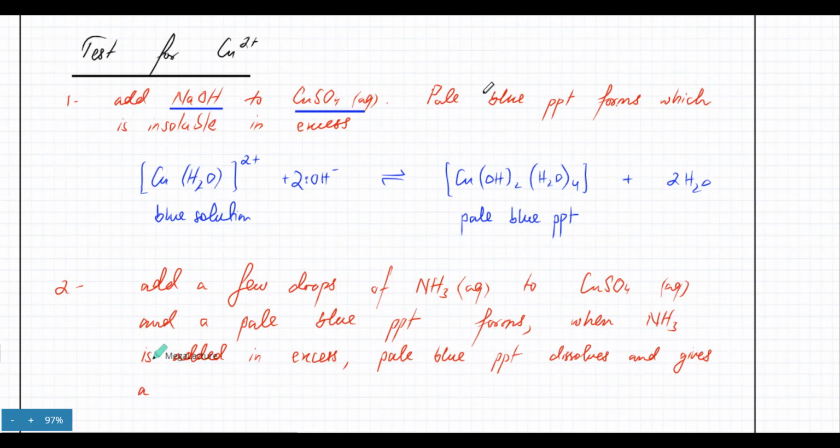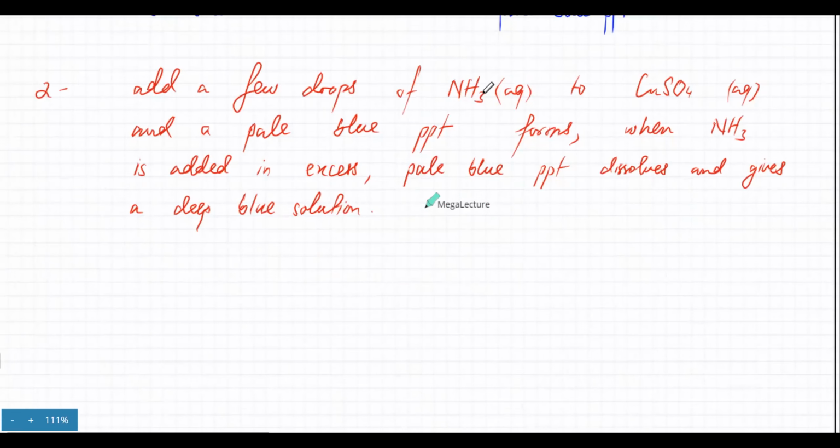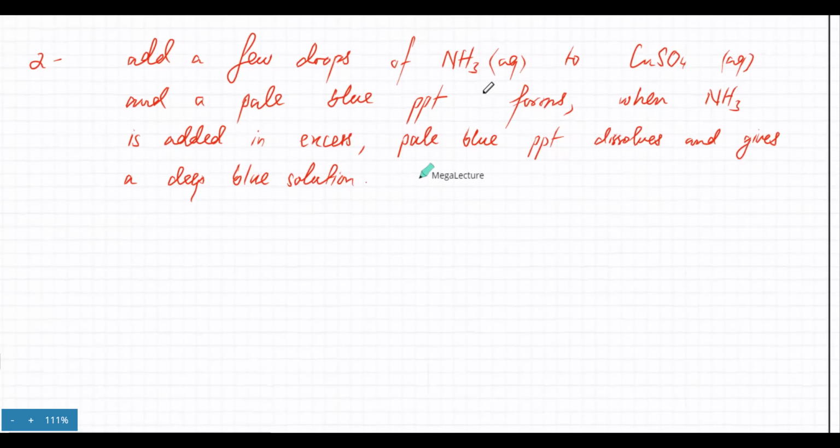Now you have to explain what's happening over here. So you add a few drops of NH3 aqueous to copper sulfate aqueous, and a pale blue precipitate forms.